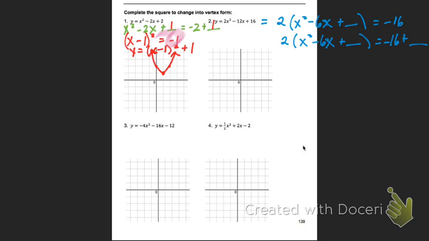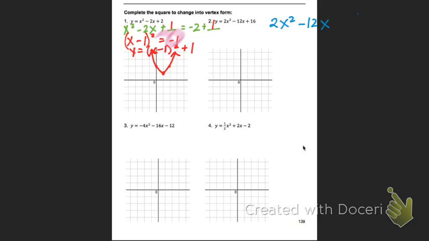Step 1, move the 16 over. So we've got 2x squared minus 12x equals -16. Step 2, pull the 2 out.